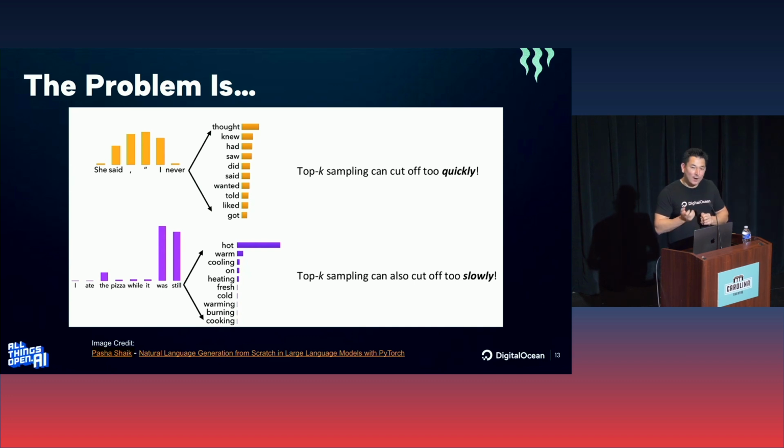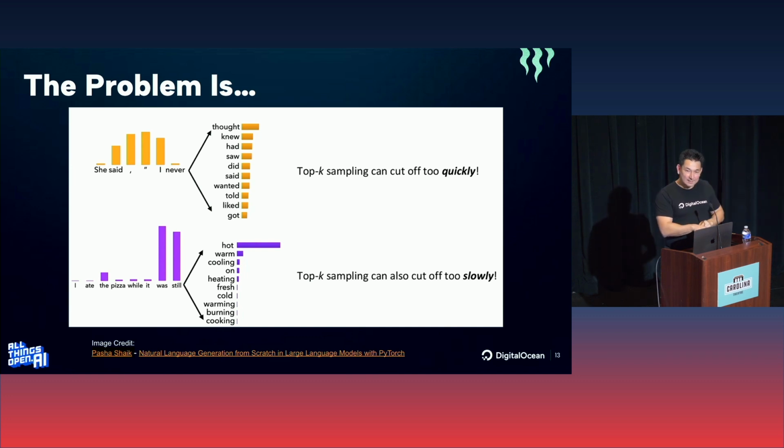The problem with top K, as an example of the optimizations for embeddings and LLMs where they're deciding how to transition to the next token, is that these are the top 10 tokens, and the little graph next to each bar is the relative probability of that token being the correct one. And the problem with this top graph is that it gets cut off way too early, because all of the probabilities for the next token are relatively the same.